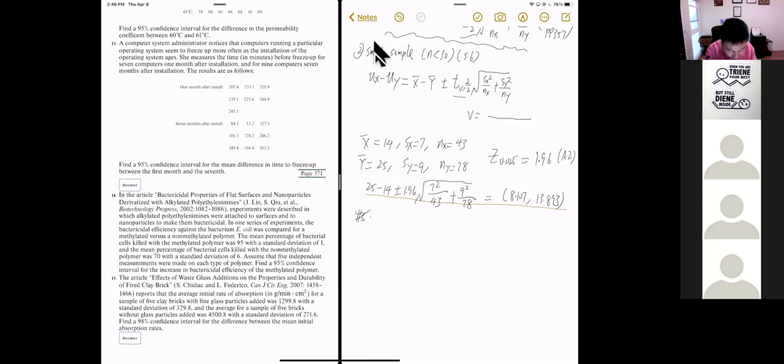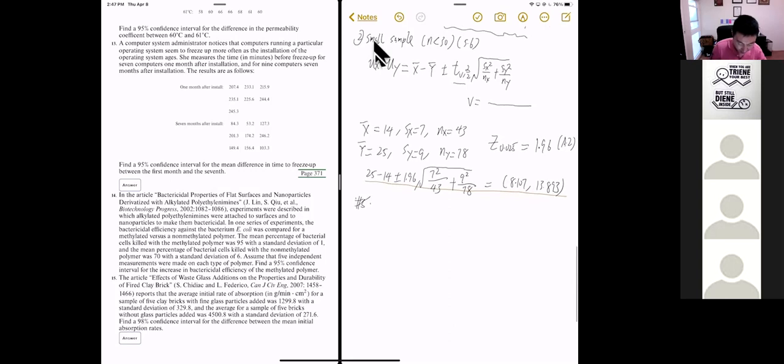The mean percentage of bacterial cells killed with the methylated polymer was 95. The mean value for one of them is 95, standard deviation is 1. The mean for the other method is 70 with a standard deviation of 6.